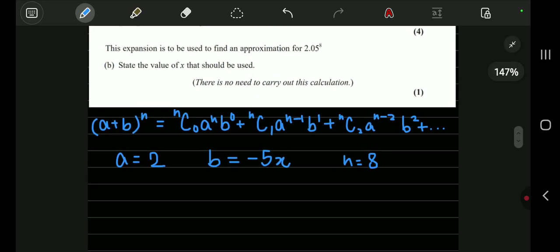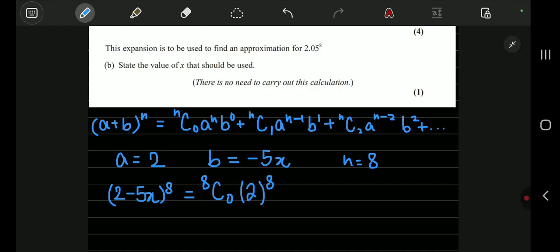So the second thing would be, let's do that. 2 minus 5x to the power 8 will be equal to 8c0, a is your 2 to the power 8, and minus 5x to the power 0.